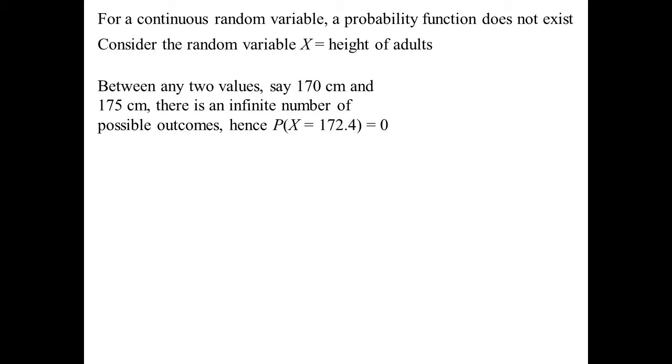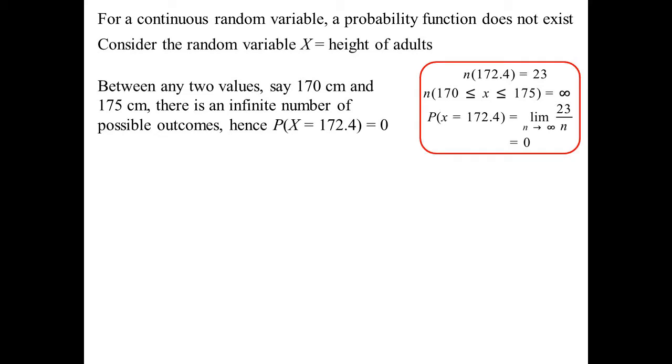But here's why. Let's say there are 23 people of height 172.4. Well, the size of my sample space is continuous, so therefore there's an infinite number of possibilities. So if I was to work out the probability, it would be 23 over the size of the sample space. Well, I can't put it over infinity, so we'll say the limit as n approaches infinity.